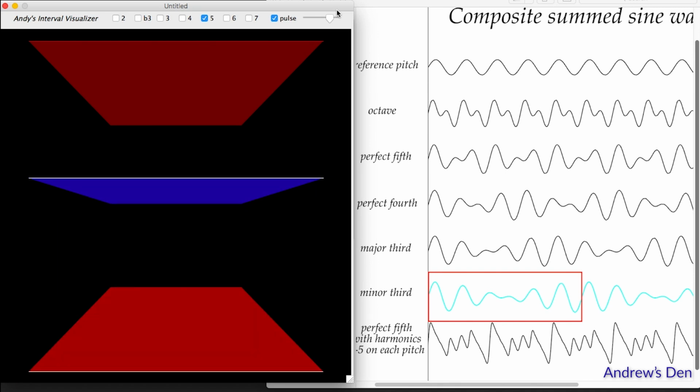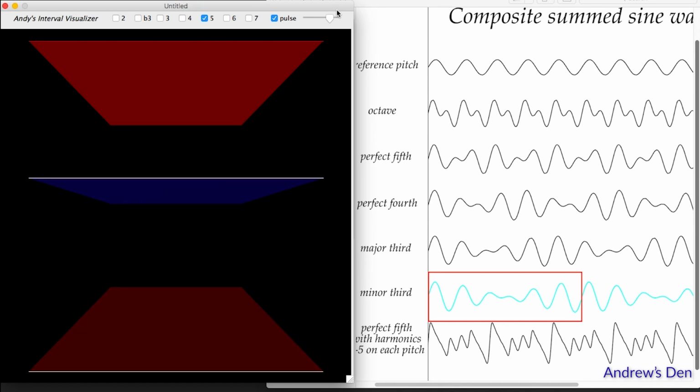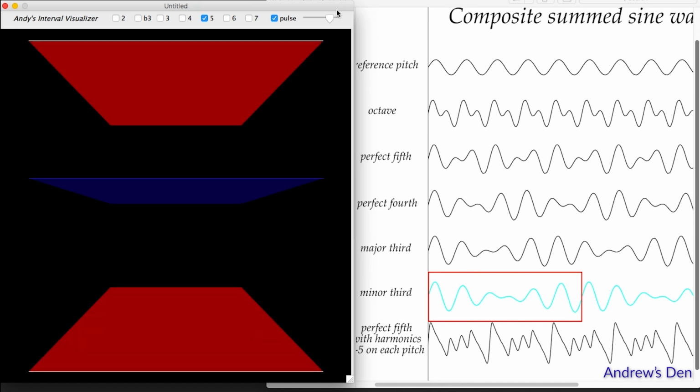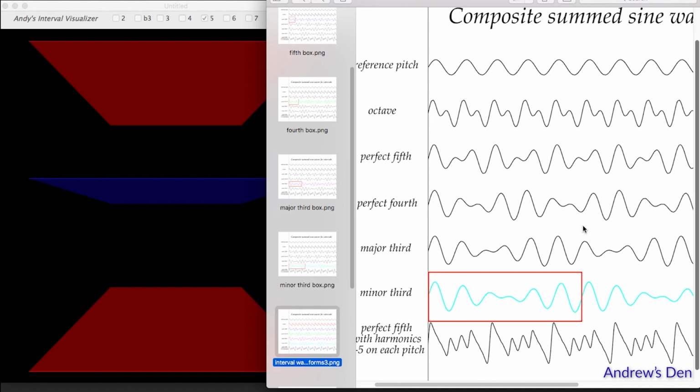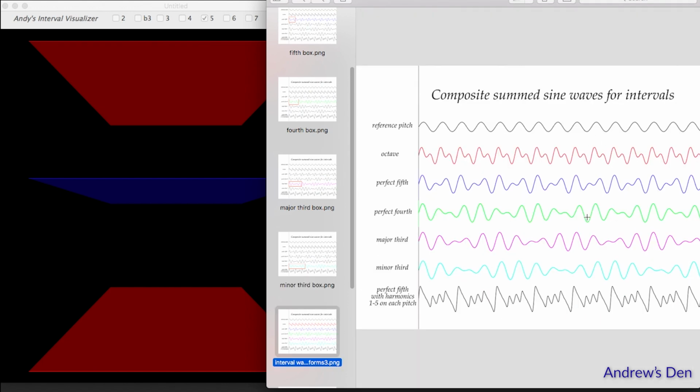Perfect fifth. An octave. Okay, so that's some fun with my visualizer, looking at the composite sum of sine waves for intervals to give a sense of their nature as experienced in light instead of sound waves.